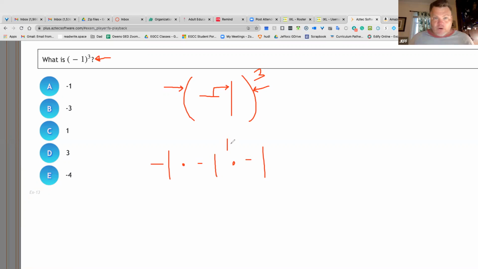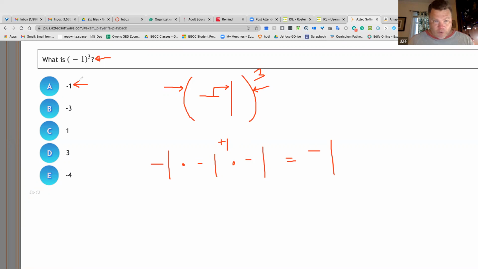But we don't have to memorize that because we can just type it into our calculator. 1 times -1 is -1, because a positive times a negative is a negative. So when the signs are different, the result is negative. So that's why this answer is -1.